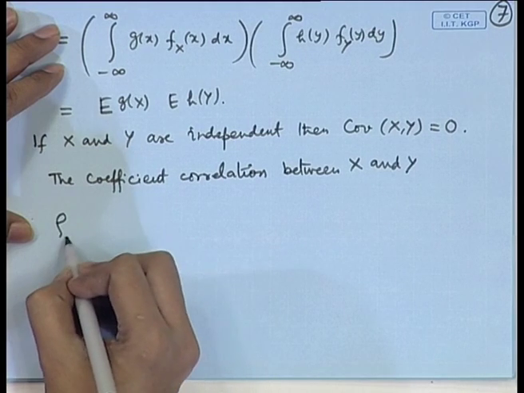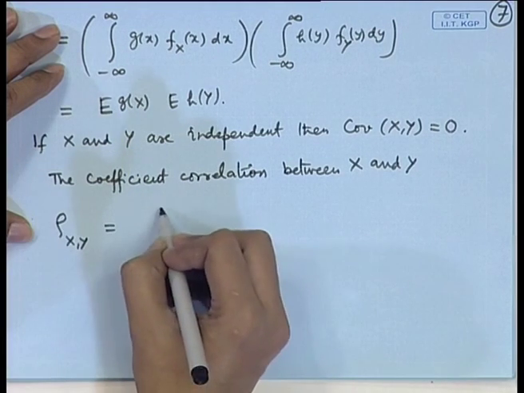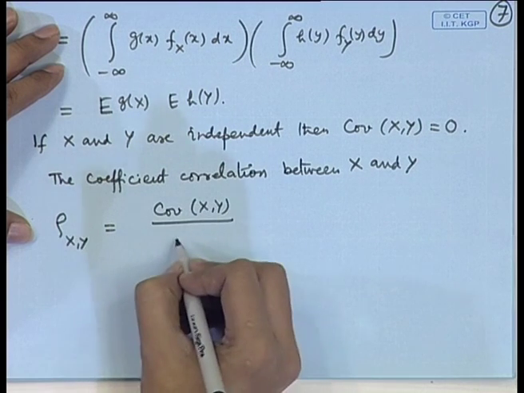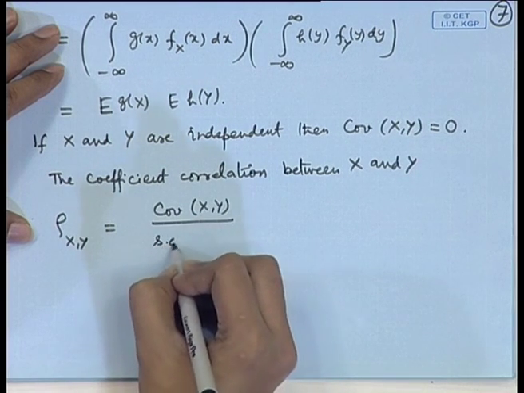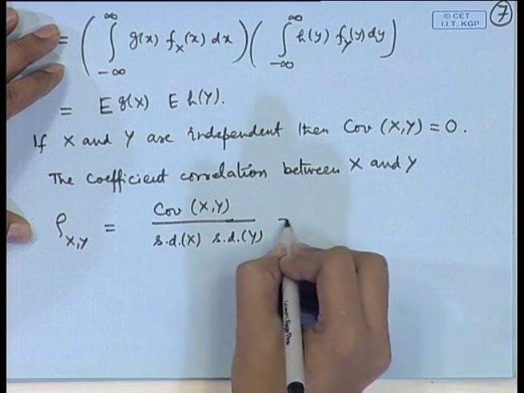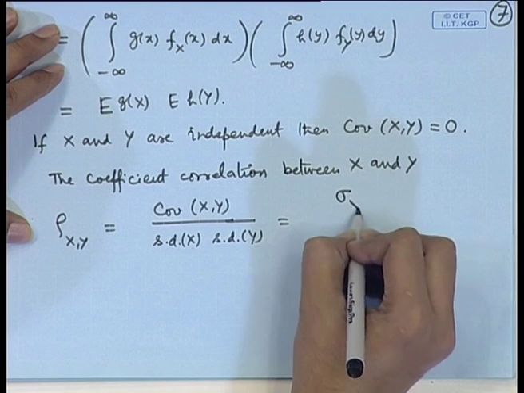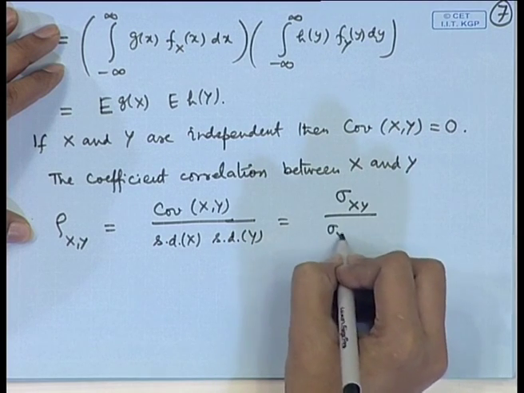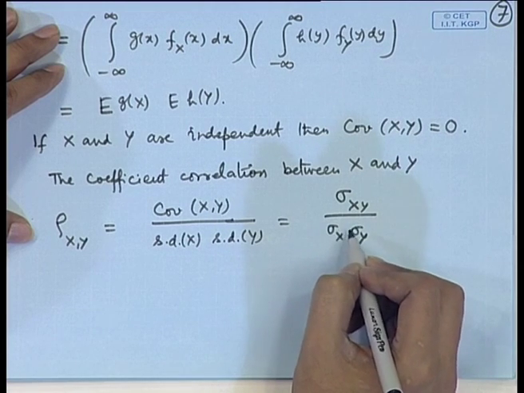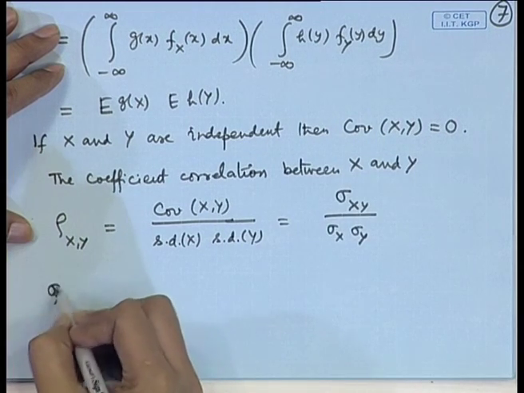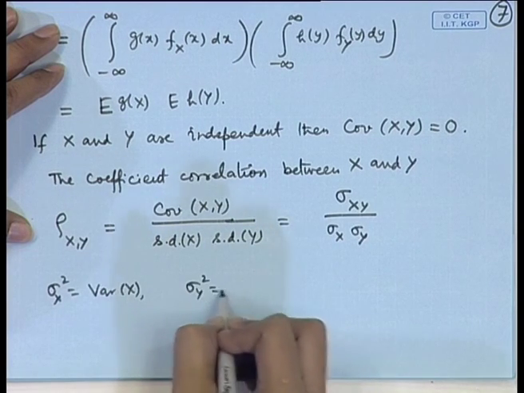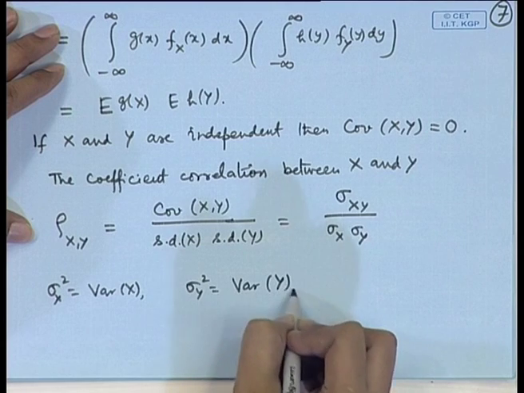We denote it rho x y, that is defined as covariance between x and y divided by standard deviation of x into standard deviation of y. We can use the notation sigma x y divided by sigma x sigma y, where sigma x square was the variance of x and sigma y square denotes the variance of y.